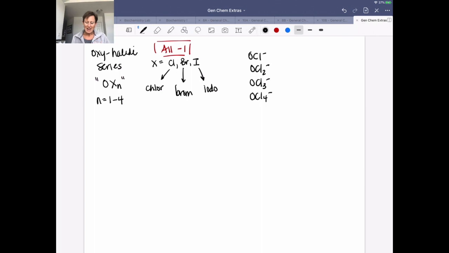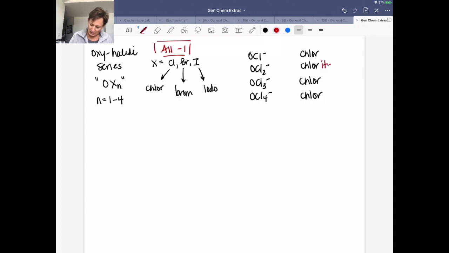So all of these are going to have the same root in the middle. And so when we're talking about this oxygen chlorine series, it's going to be chlor. And what's going to happen is the ones that are in the middle are going to have the suffixes ite and ate.